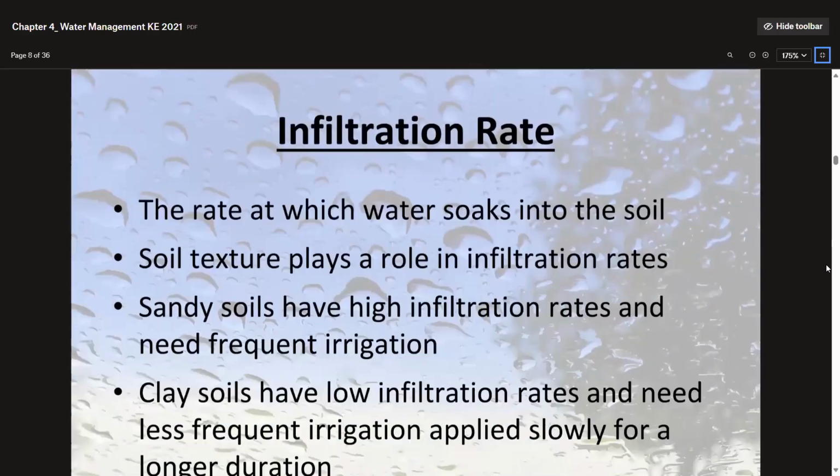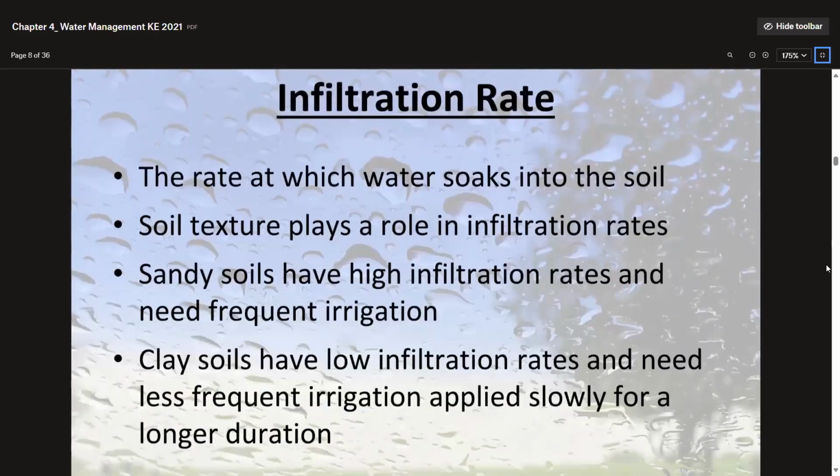Your infiltration rate is the rate at which water soaks into the soil. Pretty simple. Soil texture plays a role in infiltration rates. Sandy soils, like I said, have a higher infiltration rate and they need frequent irrigation. Clay soils have a low infiltration rate and need less frequent irrigation, but it needs to be applied slowly for a longer duration. Okay.